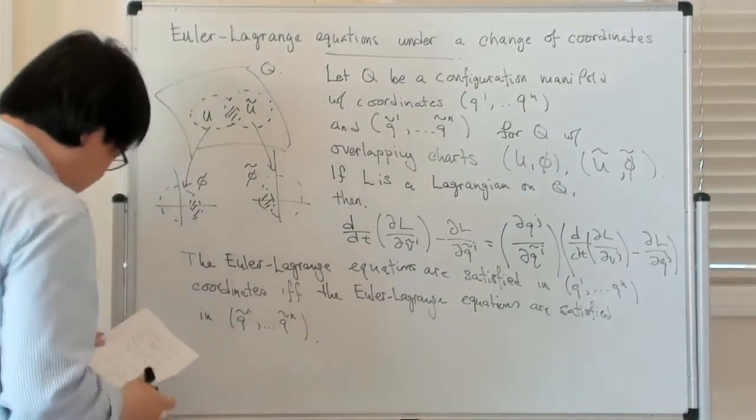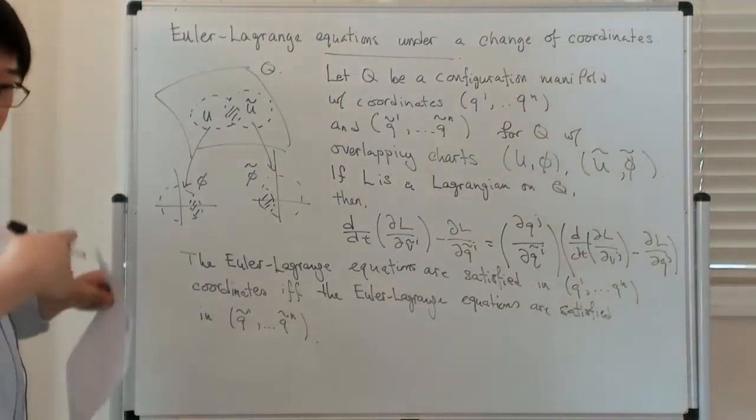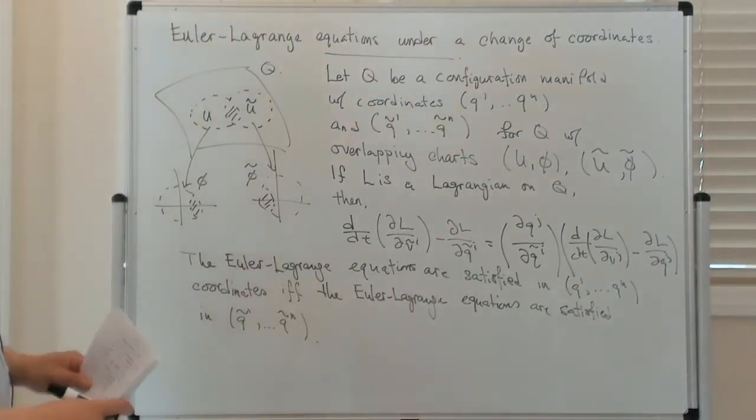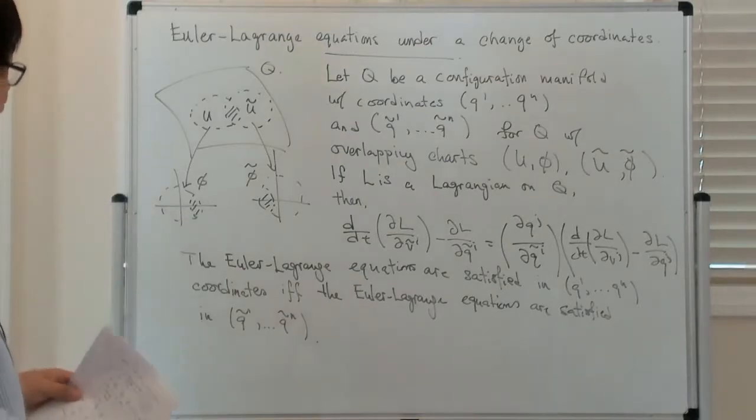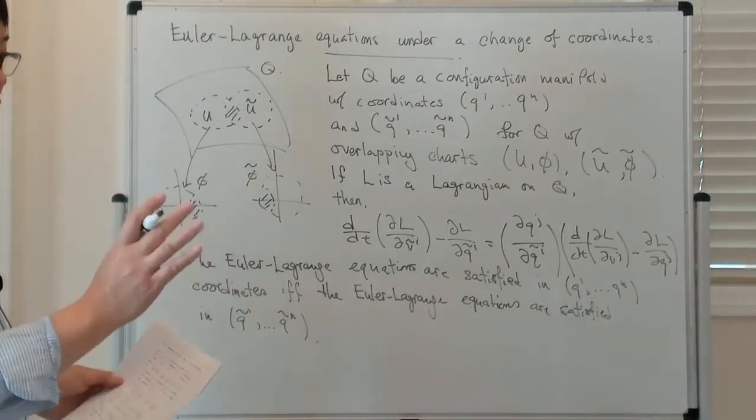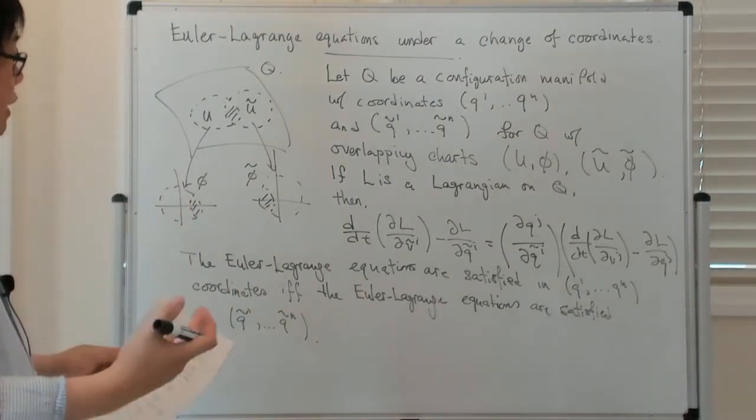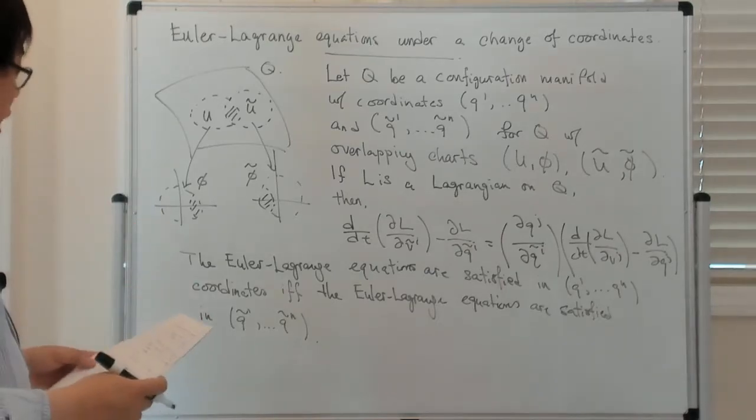Okay, so this notion of satisfying the Euler-Lagrange equations is independent of the choice of coordinates, which is of course exactly what you would expect just from the coordinate-independent way we framed Hamilton's principle.